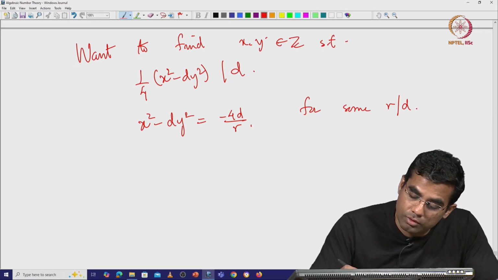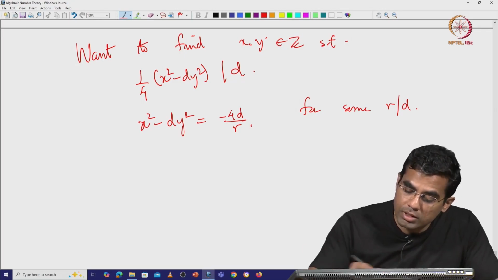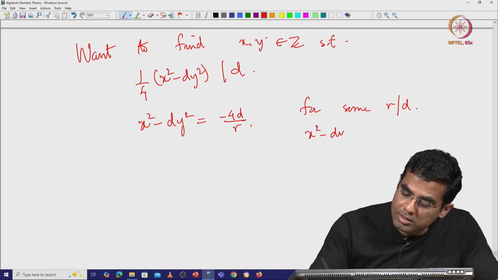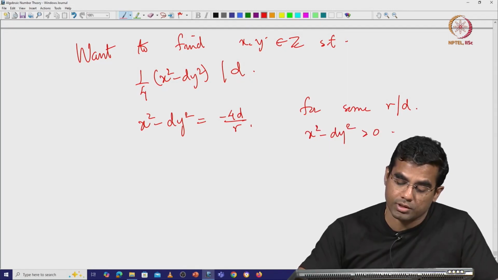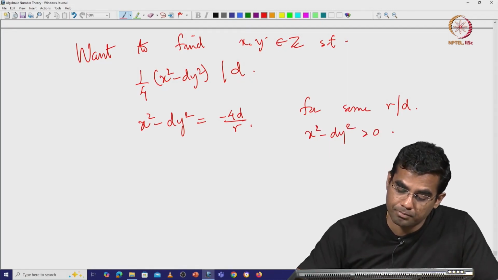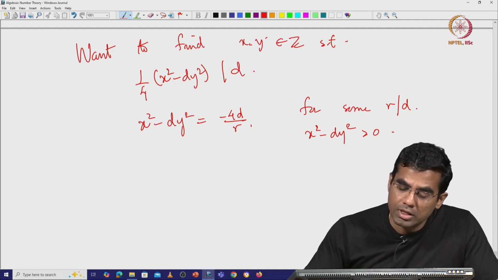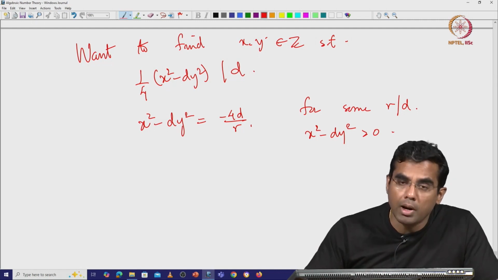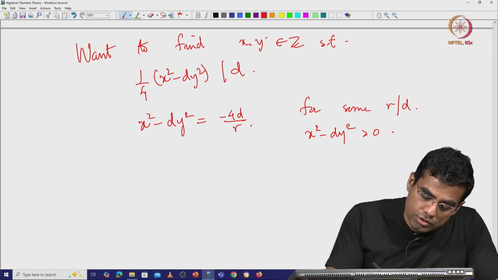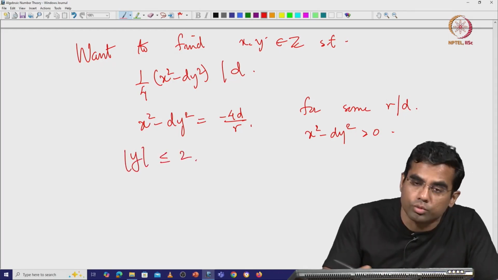Yes, so now we need to find solutions of these things, but you see that x square minus dy square is also positive, because d is negative, and so this gives a very tight bound on what y is. So, mod y has to be less than or equal to 2, right.